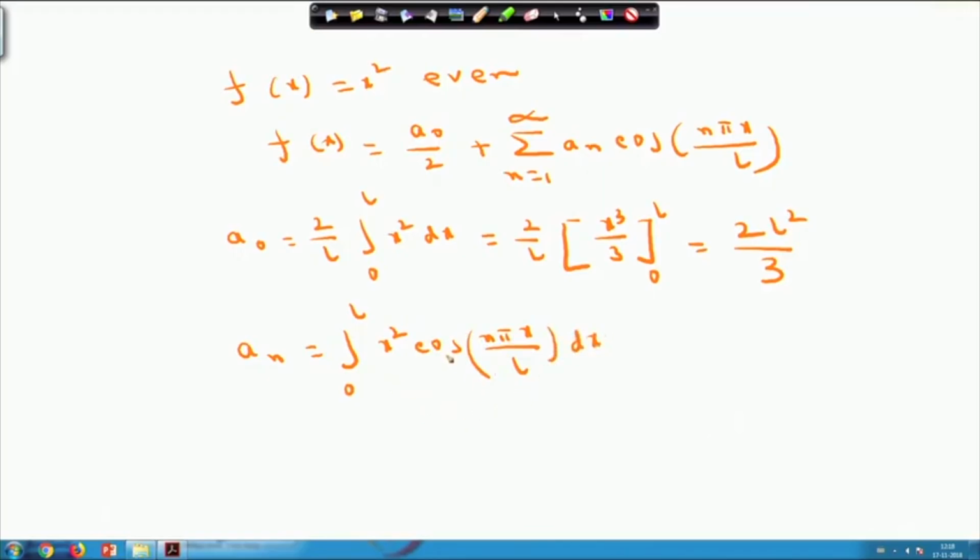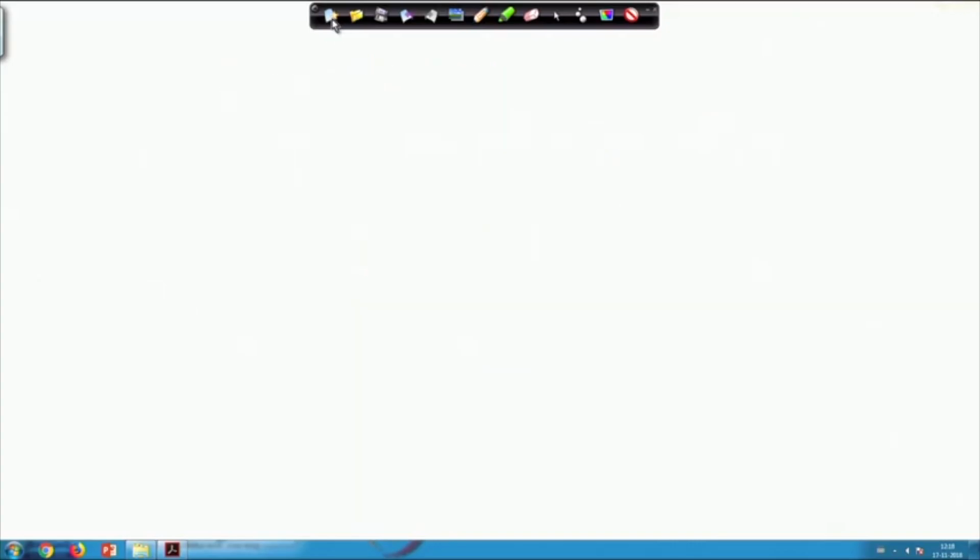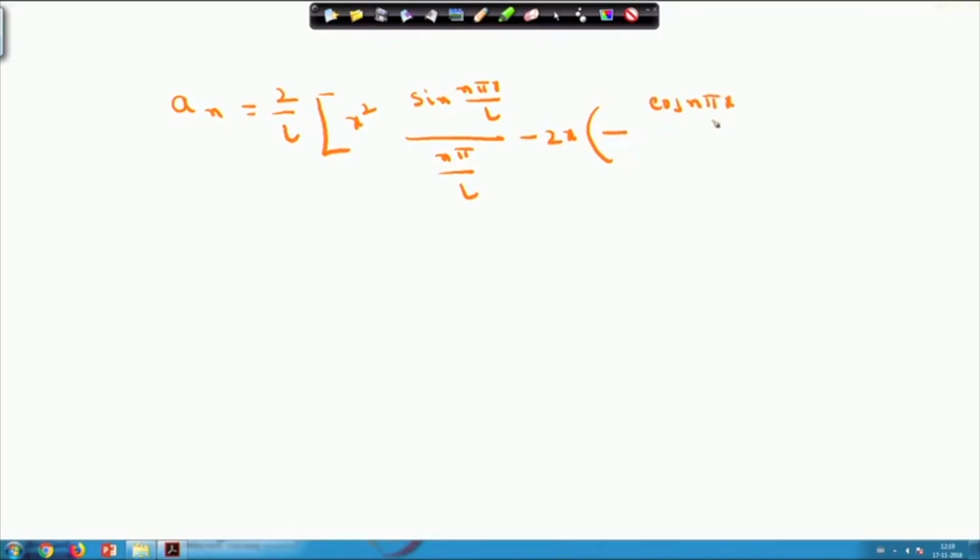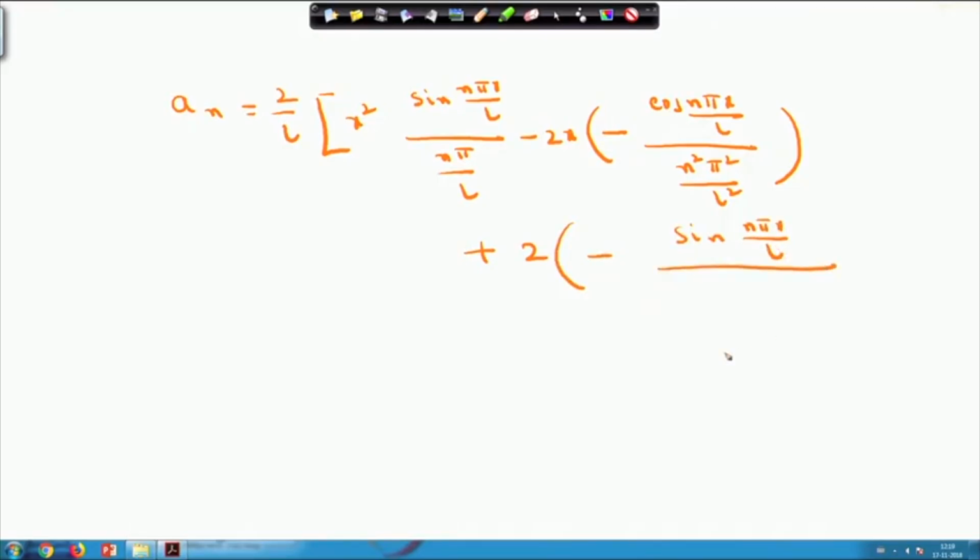So, this one I have to break into two parts. So, I will obtain my a_n, I can write down as 2 by L. This calculation will be a little complicated, sine of n pi x by L divided by, then it would be n pi by L, minus twice x into minus cos of n pi x by L. So, it will be n square pi square by L square plus there will be another term 2 into minus sin n pi x by L and another time multiplication.